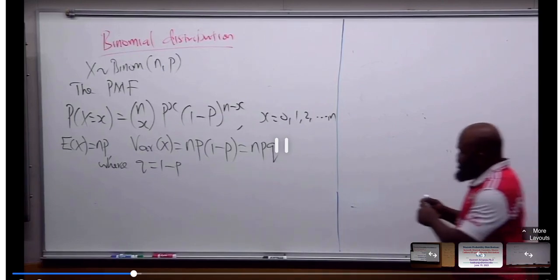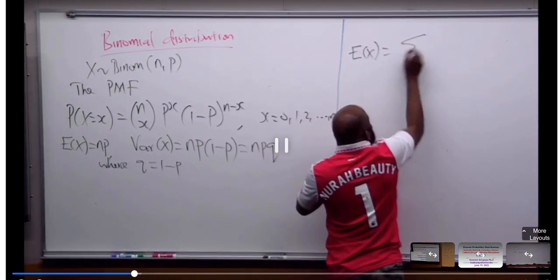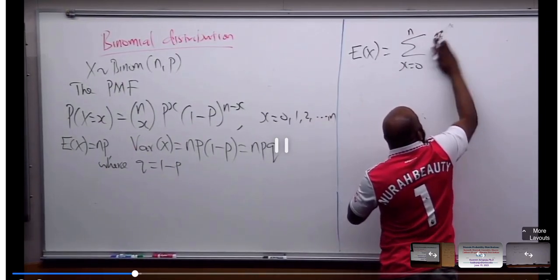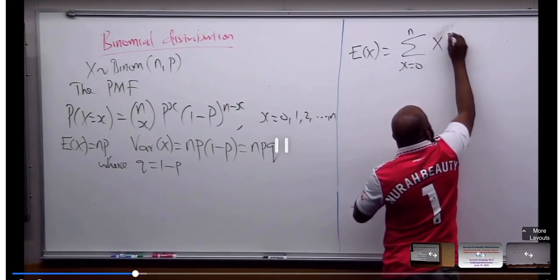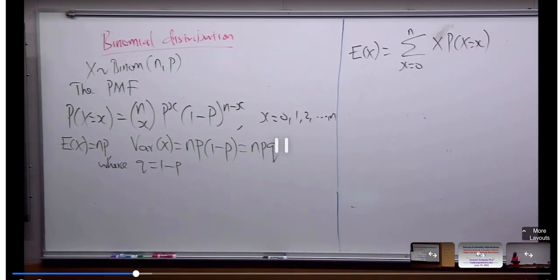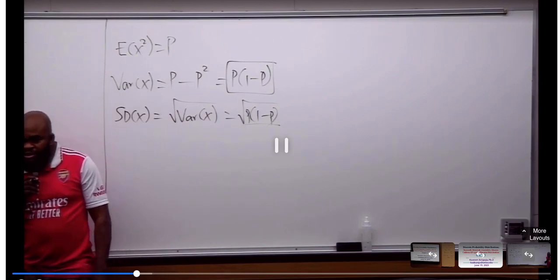Expected value of s is the summation, s starting from 0 to n, of x p of x, because binomial is also a member of the discrete probability distributions.